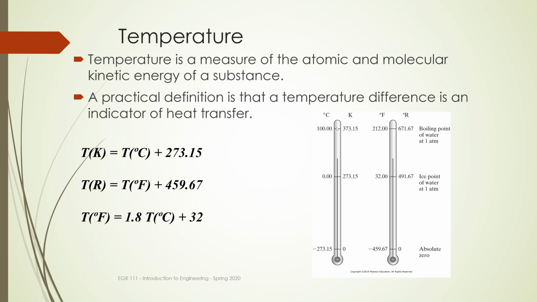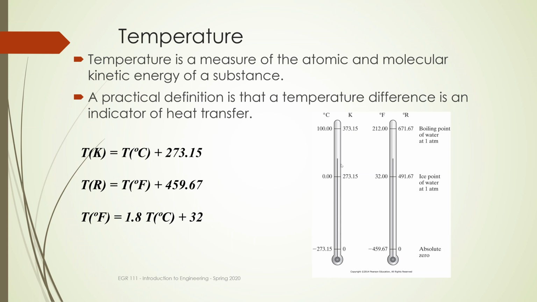Now, in terms of the deltas or the changes, Celsius and Kelvin are the same. They have the same change, except Kelvin goes to absolute 0. Kelvin is the temperature relative to absolute 0, instead of the freezing point of water at 1 atmosphere.